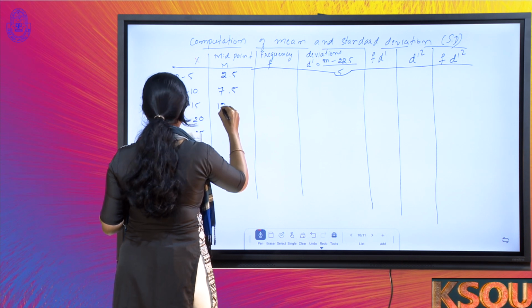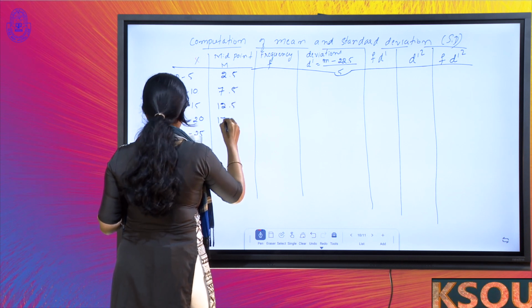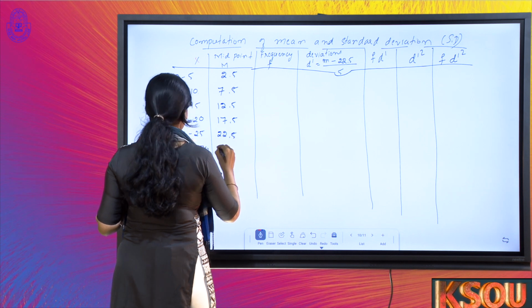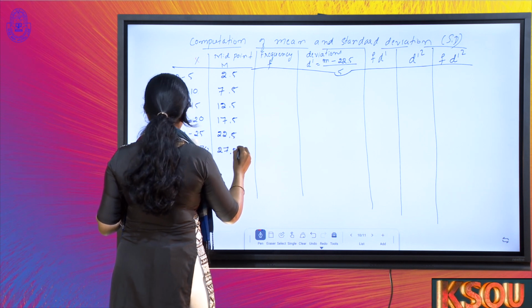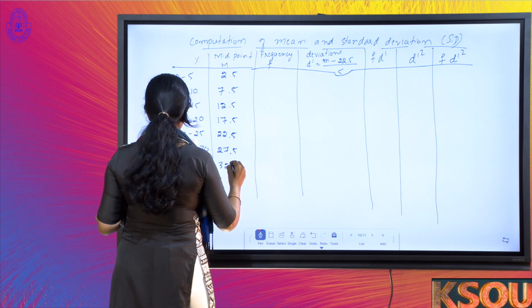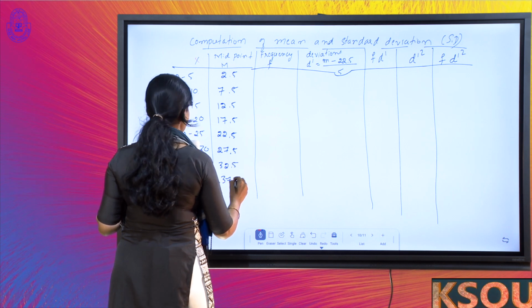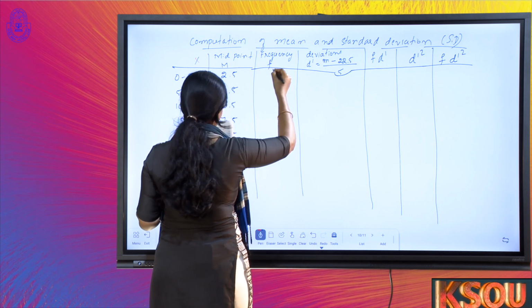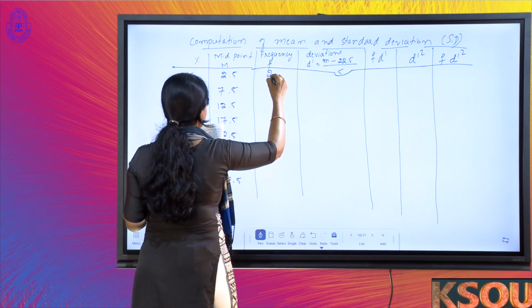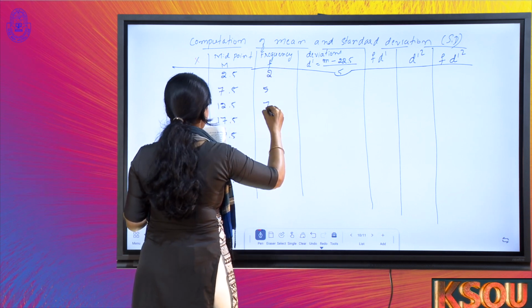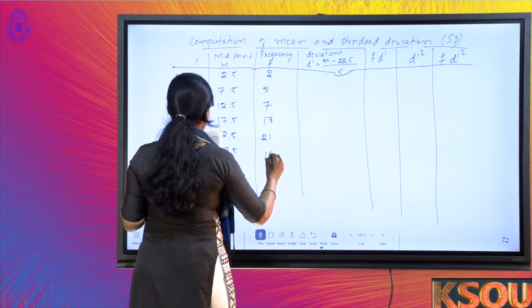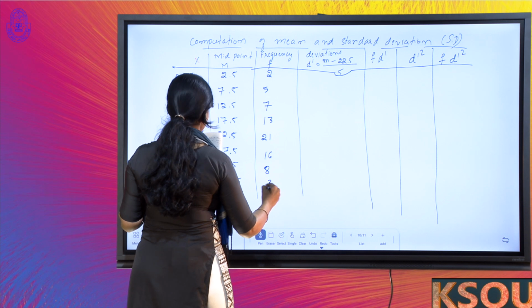7.5, 12.5, 17.5, 22.5, 27.5, 32.5, 37.5. Here you can write down the given frequency values, which are in the question itself, that is 2, 5, 7, 13, 21, 16, 8, 3.